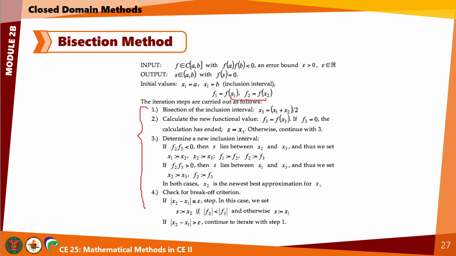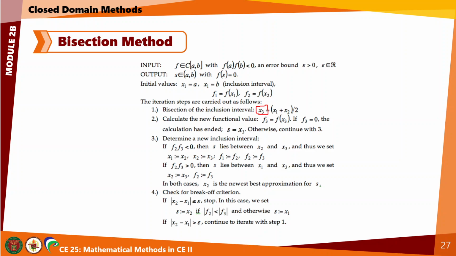So, ano ba yung midpoint niyan? Add mo lang sila. Diba? Add mo yung A and B, which is yung x sub 2 and x sub 1, and then divide by 2. So, this is the midpoint sa x sub 3. So, yun na yung bisection part. And then, we get the function value at this midpoint. So, f of x sub 3.